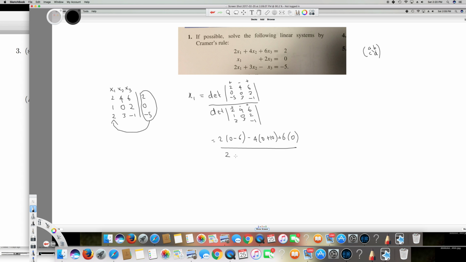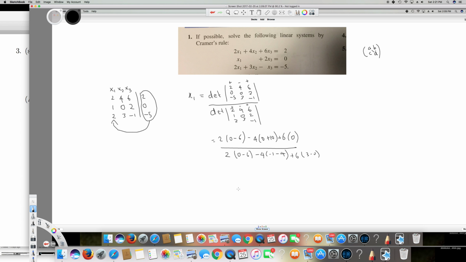If you take 2, vertical and horizontal cancel, so it's going to be 0, minus 6, and minus 4, minus 1, minus 4, right? And plus 6, and this one is 1 times 3 is 3, and 2 times 0 is 0. Therefore 3 minus 0.